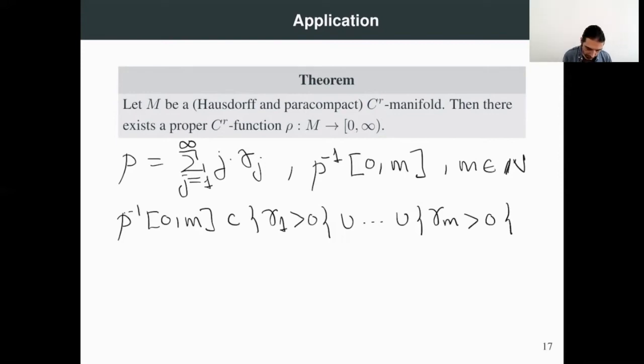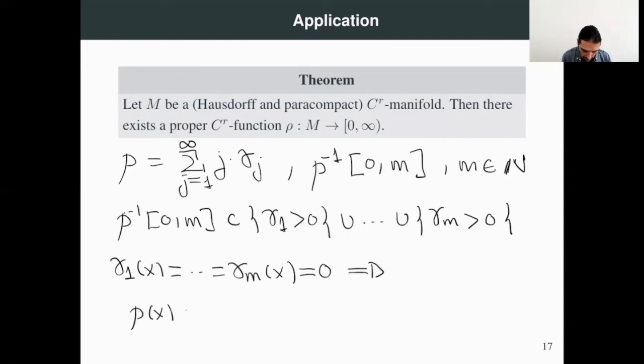Because if we have that for a point, the first m gammas are 0, sorry, then the function applied to x is going to be the sum from j equal m plus 1 to infinity of j times gamma j of x.